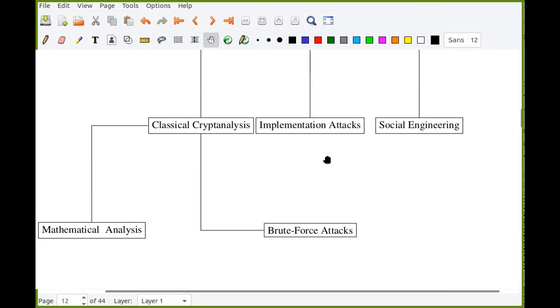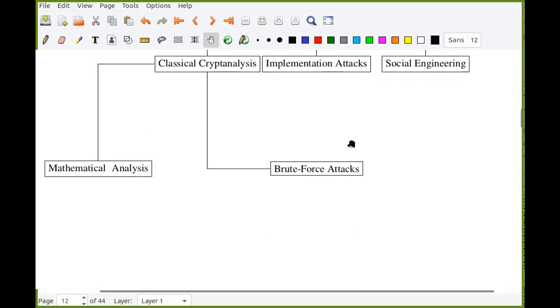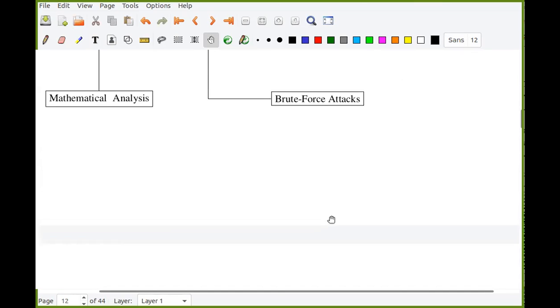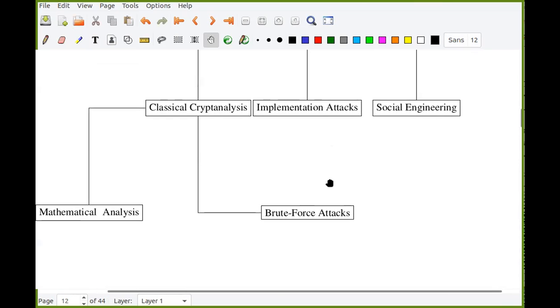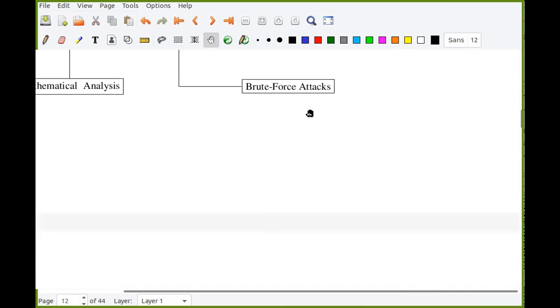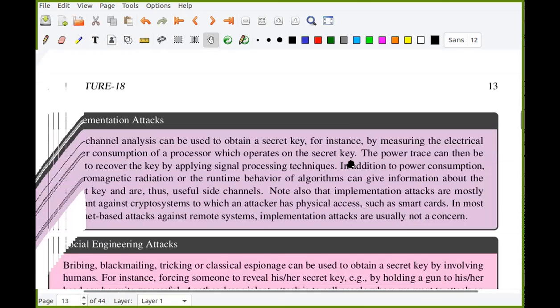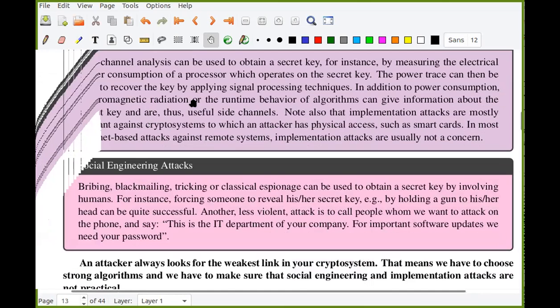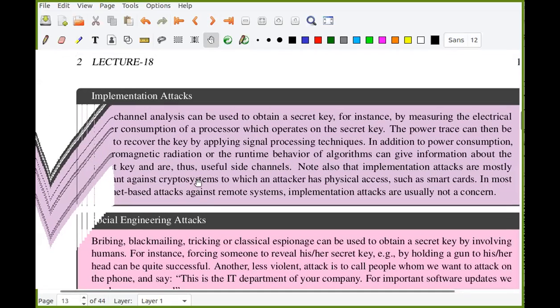CBI officers like that, they will come and attack. Do you know that movie, Akshay Kumar? Yes, sir. Right, that is social engineering.